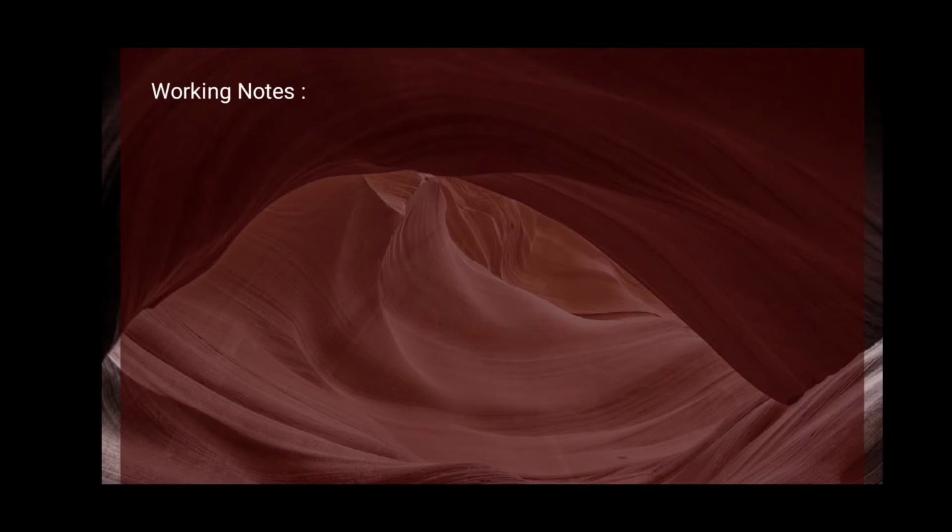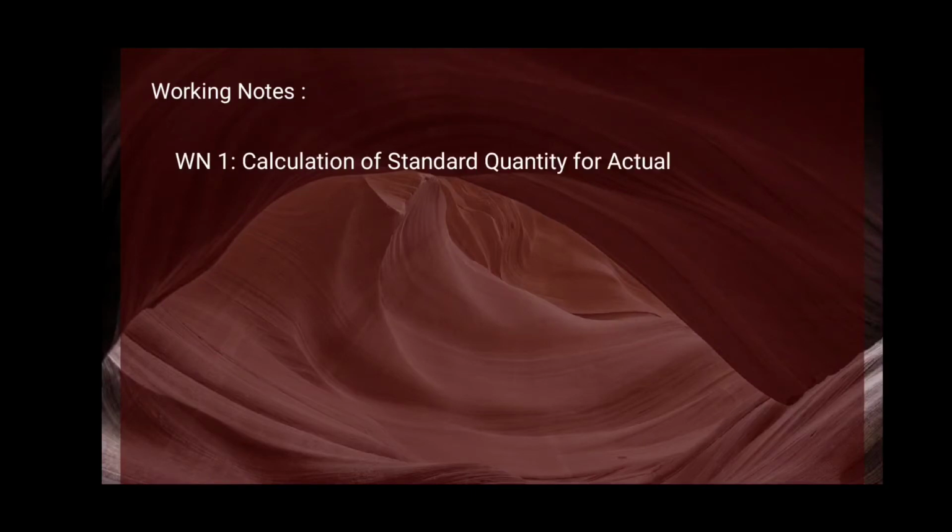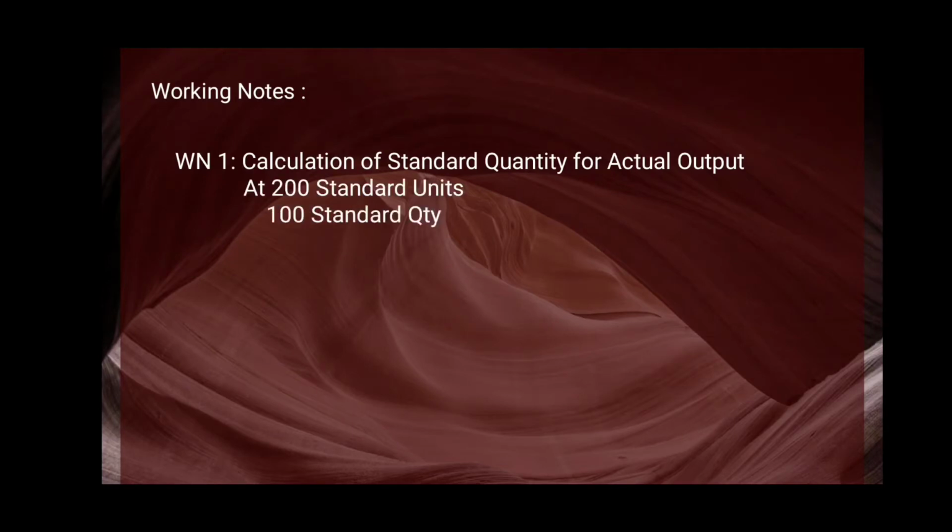Now let us prepare working notes. Working note number 1, calculation of standard quantity for actual output. At 200 standard units, 100 is the standard quantity. So at 8,000 actual units, how much will be the actual quantity?